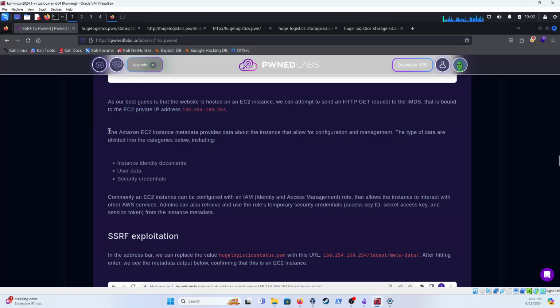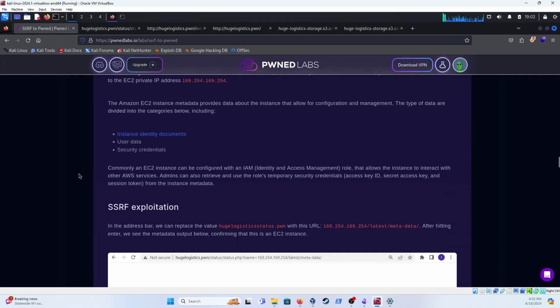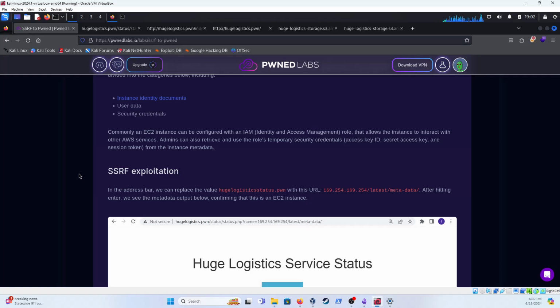All right, so the Amazon EC2 instance metadata provides data about the instance that allows for configuration and management. The types of data are divided into categories, including instance identity documents, user data, or security credentials. Commonly, an EC2 instance can be configured with an IAM, Identity and Access Management, role that allows the instance to interact with other AWS services.